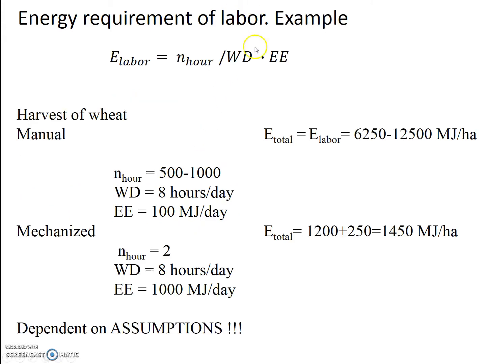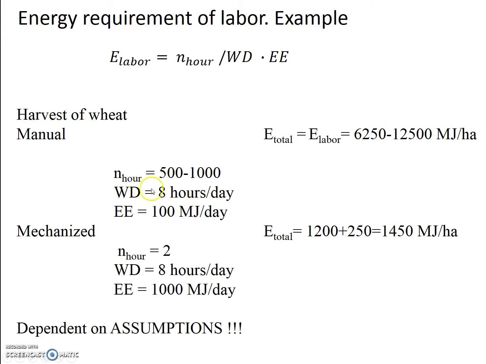Consider, for instance, if we harvest wheat using only labor, manual harvest completely. In this case, we may require between 500 and 1000 hours per hectare for the complete operation of harvest, cleaning, threshing, and so on.